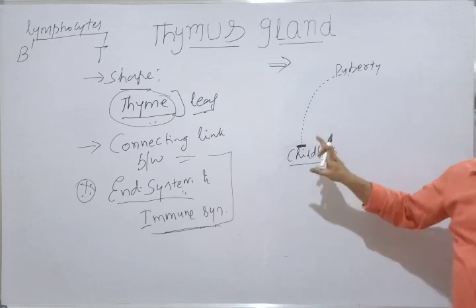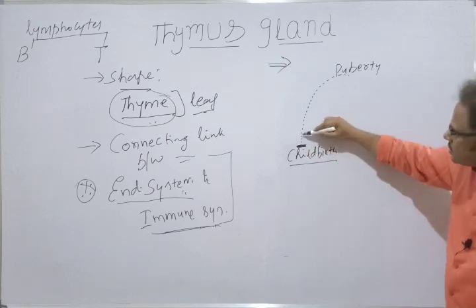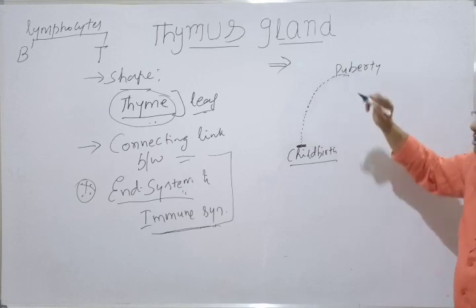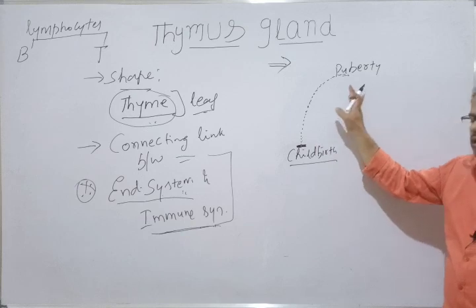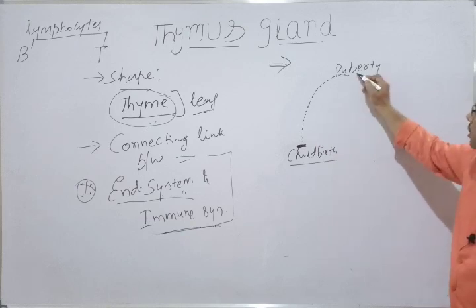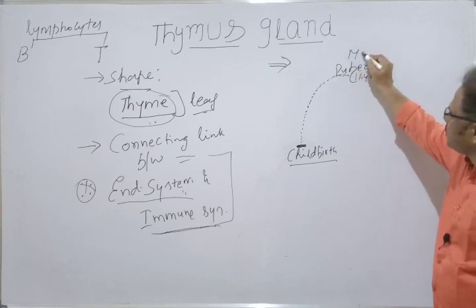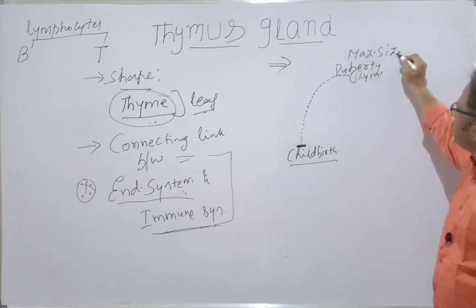Small in size at childbirth, it increases in size as the child attains the puberty age, roughly around 10 or 11 years. Maximum size at the puberty age.